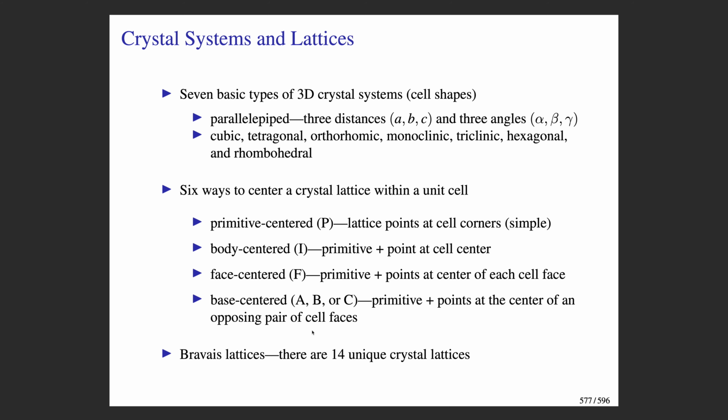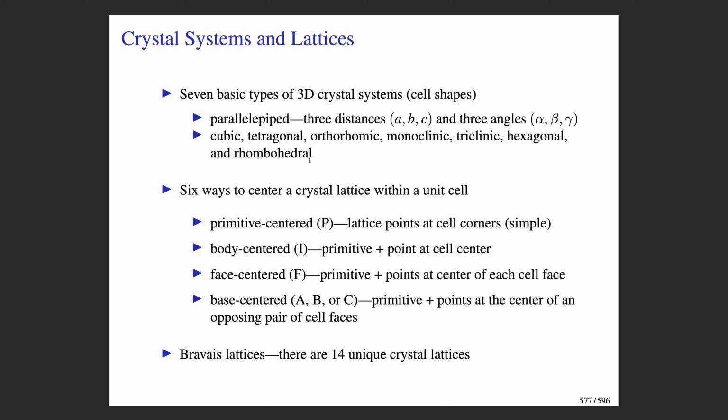Here's some classifications. Okay, so there are 7 basic types of crystalline systems. You don't need to memorize these by any means. They are cubic, tetragonal, orthorhombic, monoclinic, triclinic, hexagonal, and rhombohedral.